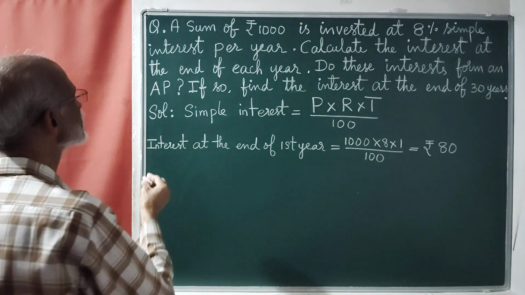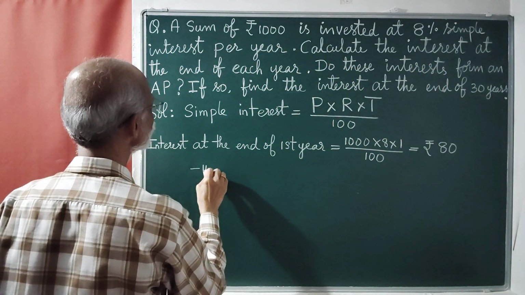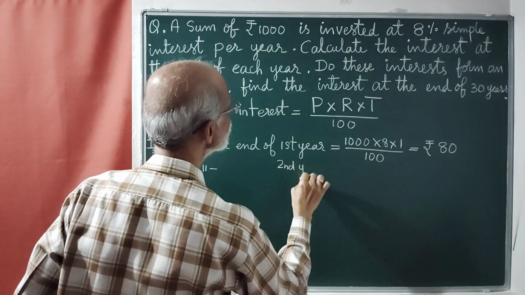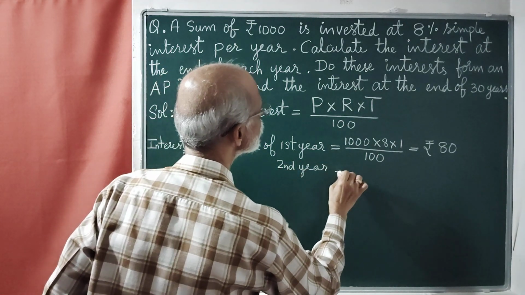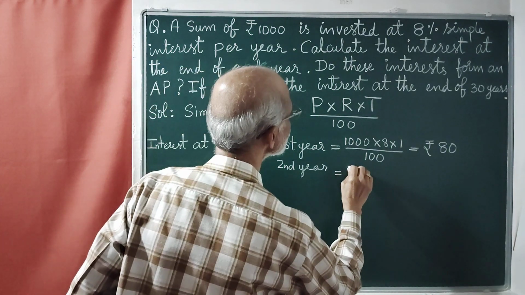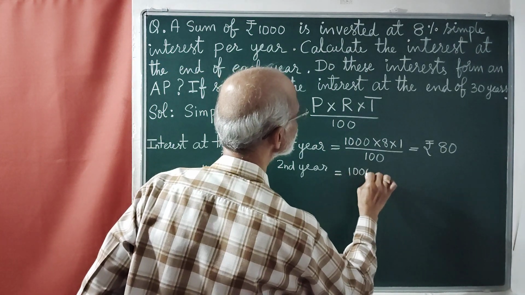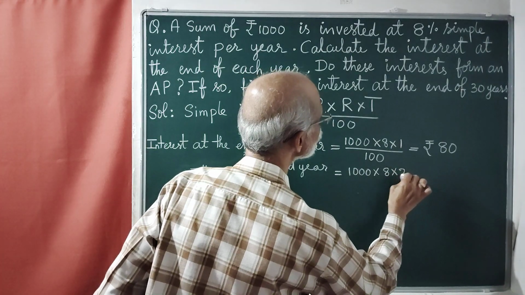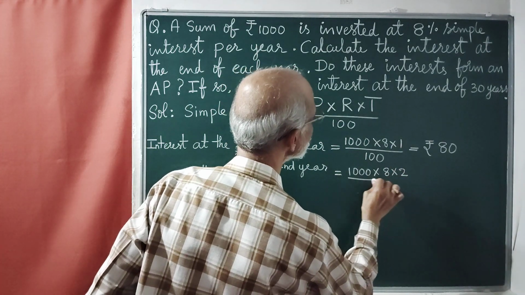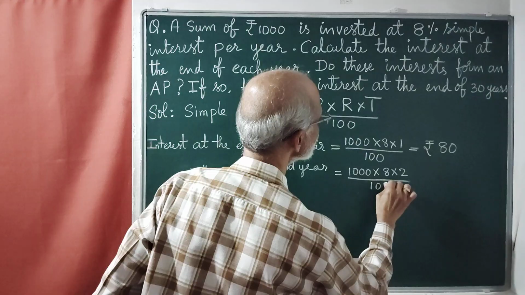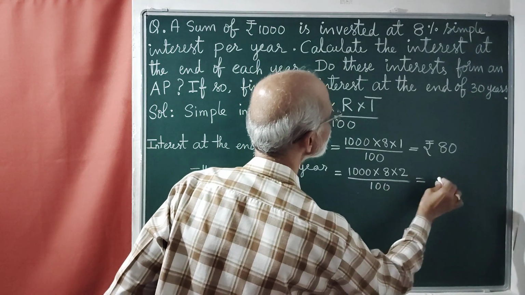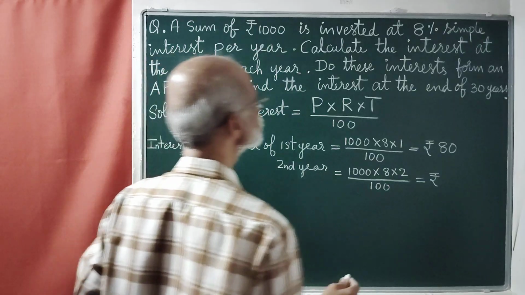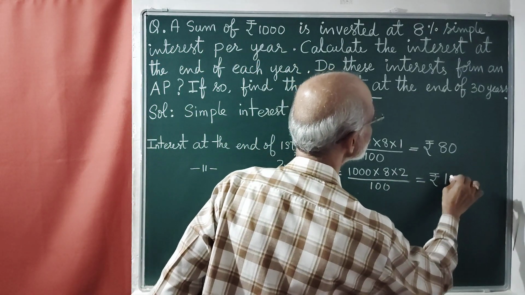The same way, the interest at the end of second year is equal to principal, that is 1000 into rate into time 2 years. This we will get rupees 160.